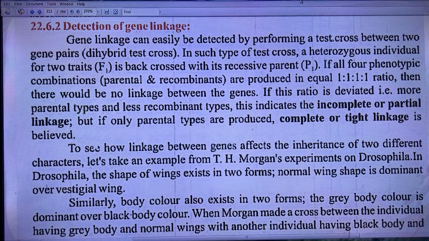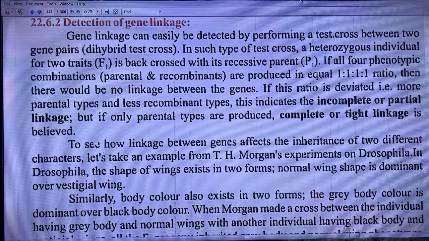If all four phenotype combinations, parental and recombinants, are produced in equal 1:1:1:1 ratio, then there would be no linkage between the genes. If this ratio is deviated, with more parental types and fewer recombinant types, this indicates incomplete or partial linkage. But if only parental types are produced, complete or tight linkage is believed.